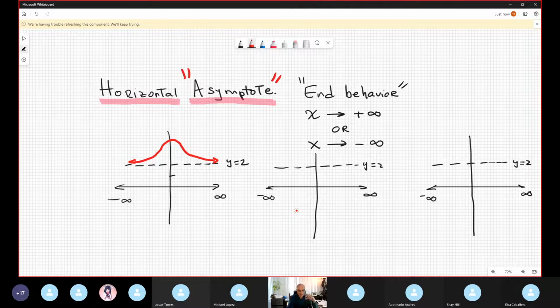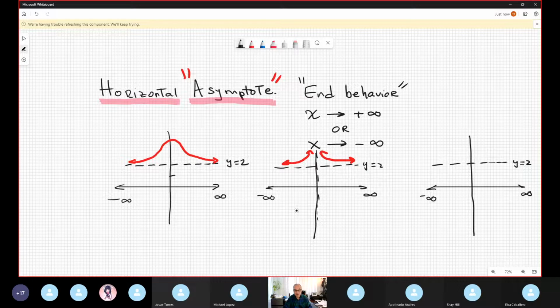So the distance between the curve and the asymptote gets smaller, but never touches. Another possibility is this: in the middle we have one vertical asymptote here. So we have a combination. This is the most popular. We have a combination of vertical asymptote and horizontal asymptote.